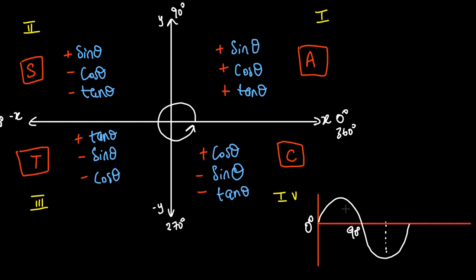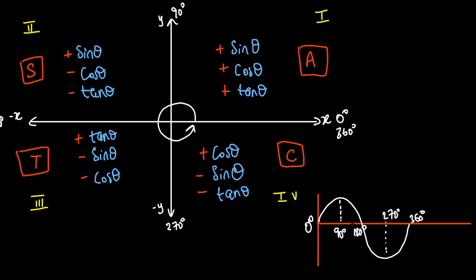Oh, okay, I mixed it. Let me fix it now. The 90 degrees, actually I think it's here, 90 degrees, and then here you have 180 degrees, and then here you're gonna have 270 degrees, and then here you're gonna have 360 degrees.